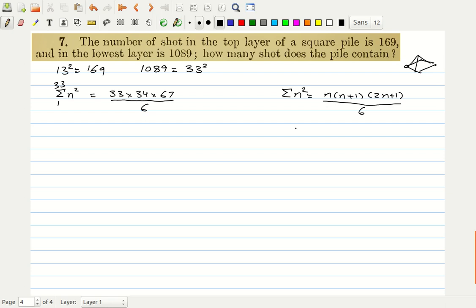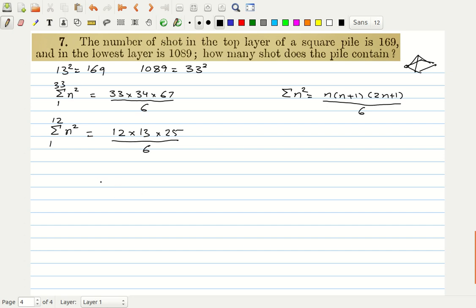The number in the complete pyramid of side 12 is 12 times 13 times 25 divided by 6. If I subtract this from the other, I will get the number of balls in a pyramid with 13 balls at the top and 33 balls at the bottom.